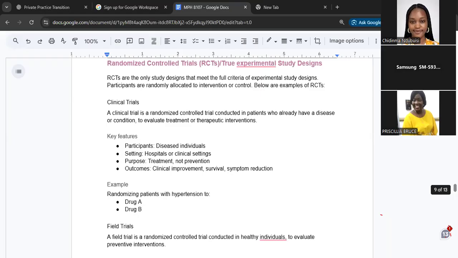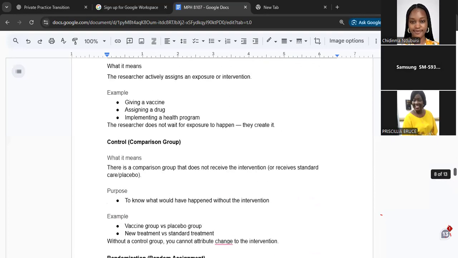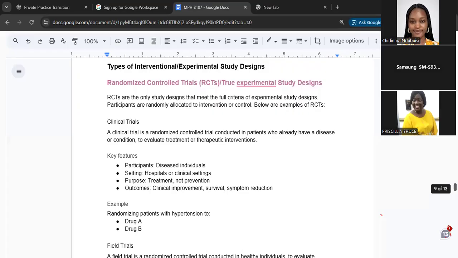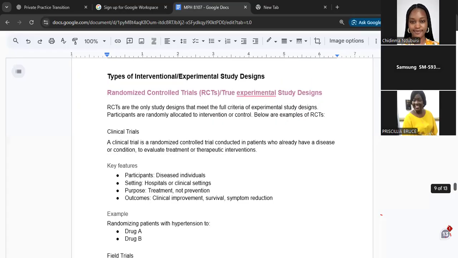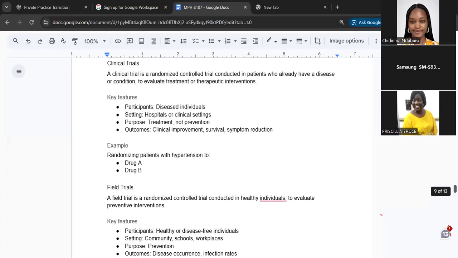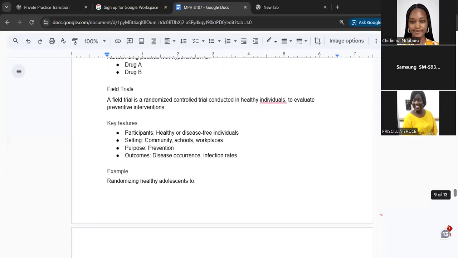So randomized controlled trials basically have the three elements of a true experiment. An example is the clinical trial. Then the other one is the field trial. Note that field trials are among healthy individuals.